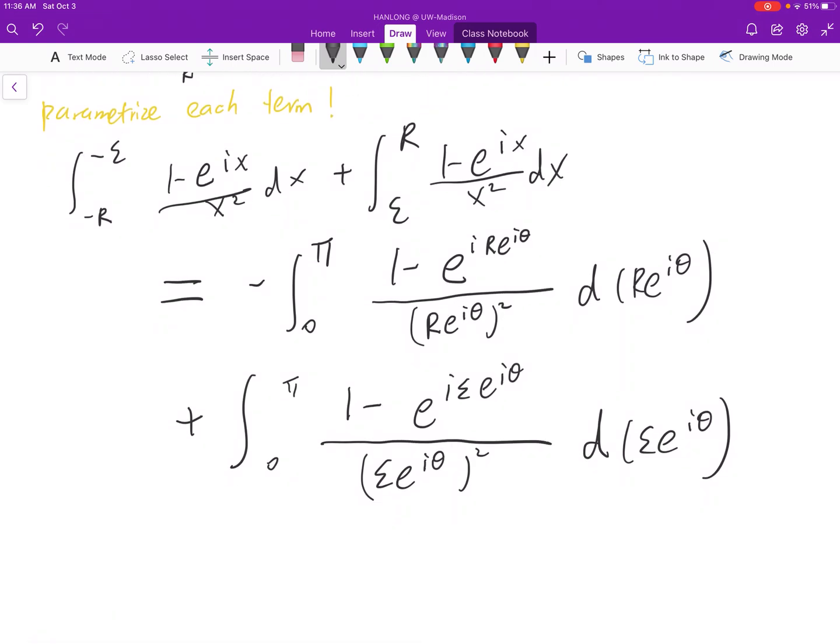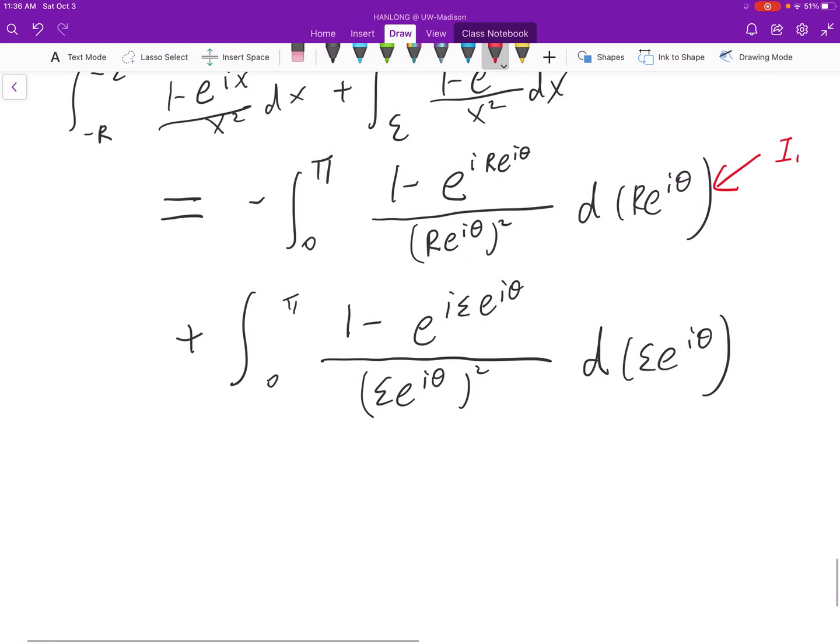So let's call the right hand side, this term I_R, this term I_epsilon.